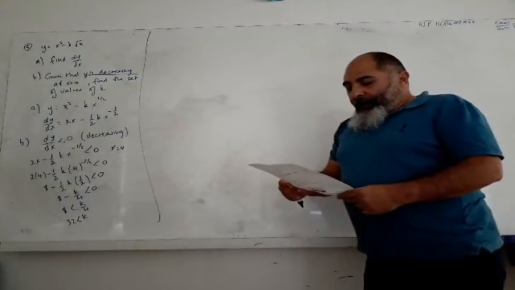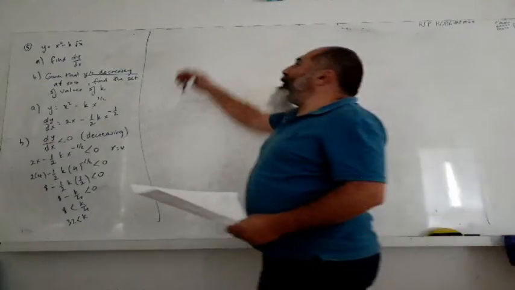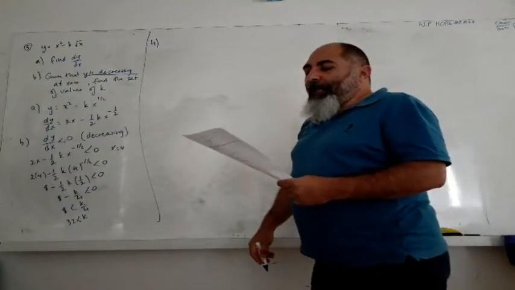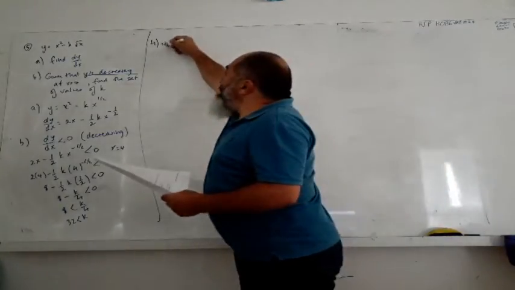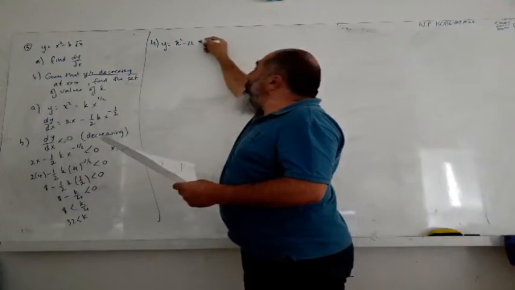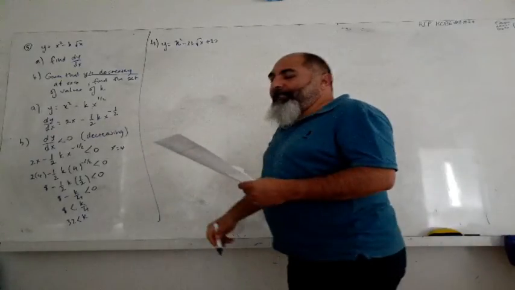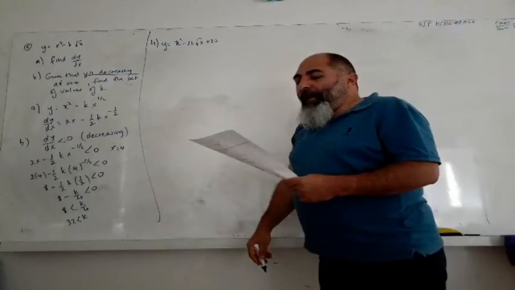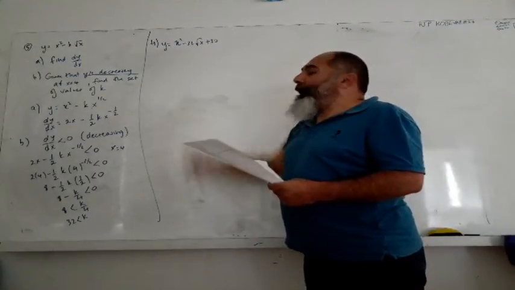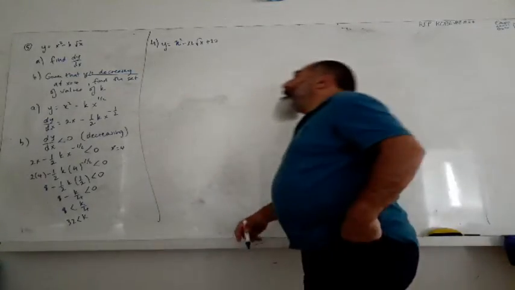Now, let's solve question 4 on the same page. y is equal to x squared minus 32 root x plus 20 has a stationary point P. We know that this curve has only one stationary point, one turning point.